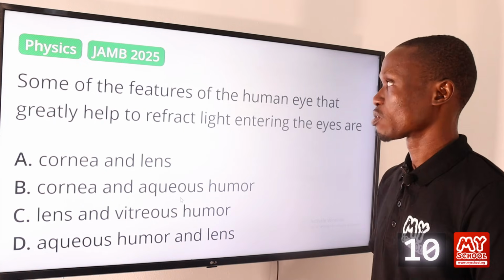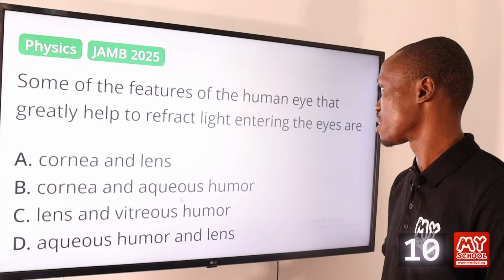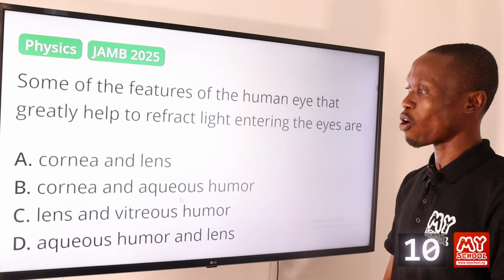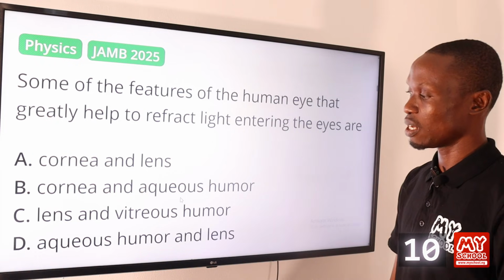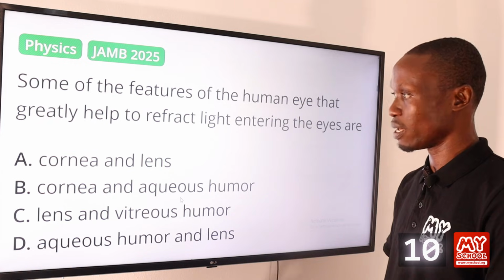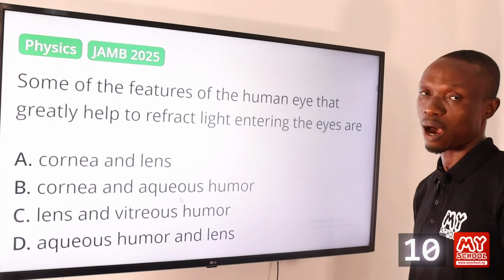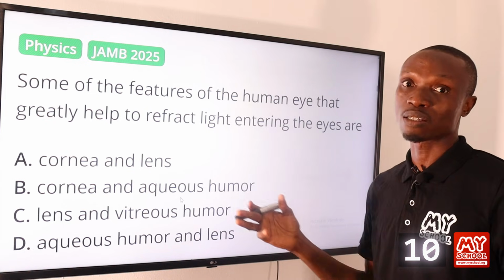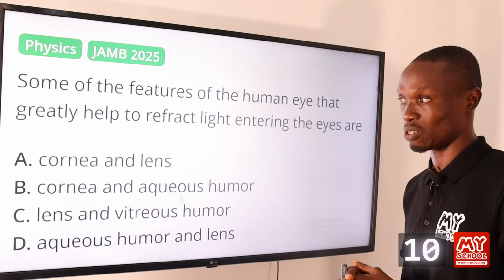Question 10. Some of the features of the human eye that greatly help to refract light entering the eyes are A, cornea and lenses, B, cornea and aqueous humor, C, lenses and vitreous humor, D, aqueous humor and lenses. So the answer to this question is option A, cornea and lenses. Corneas are the primary refracting surface of the eyes, okay?